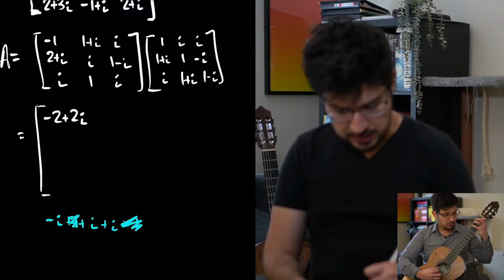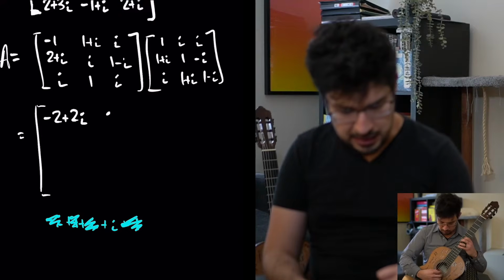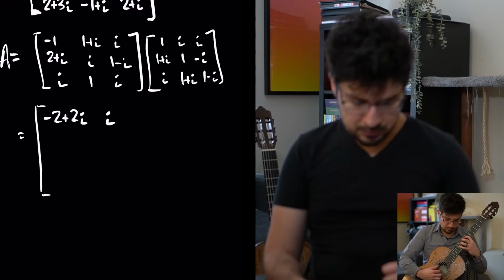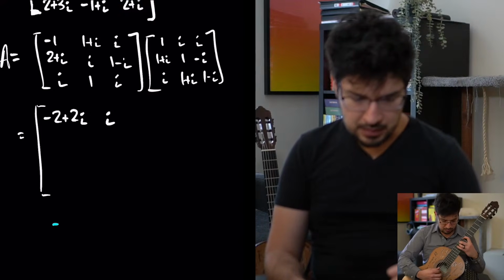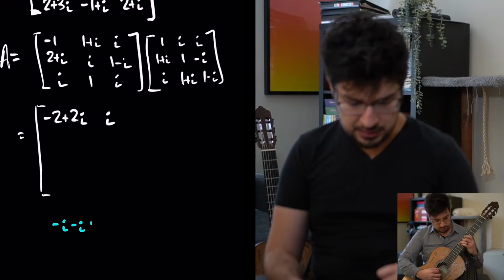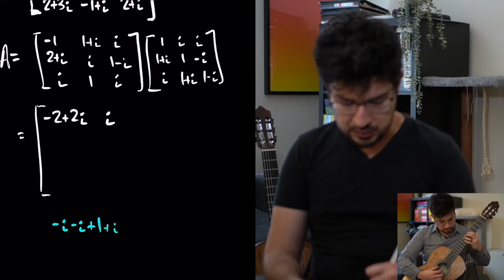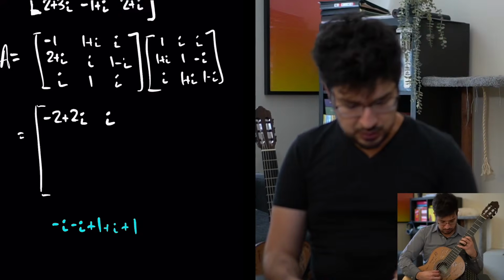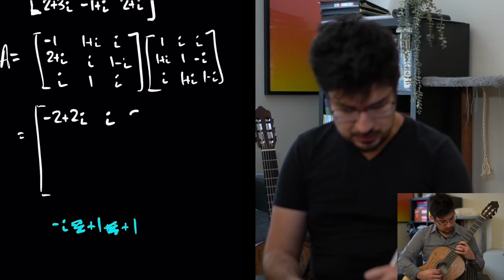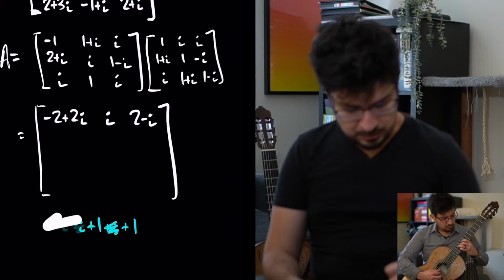So 1 and negative 1 cancel. Negative i and positive i cancel. We have positive i. Negative i squared, i, negative i squared. 2 minus i. Yep.